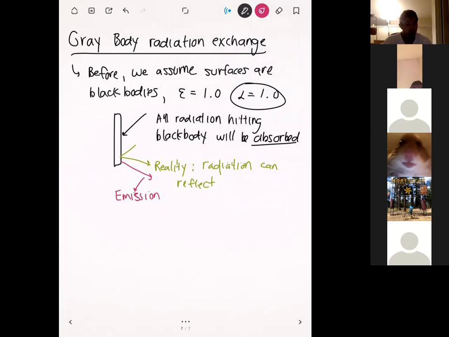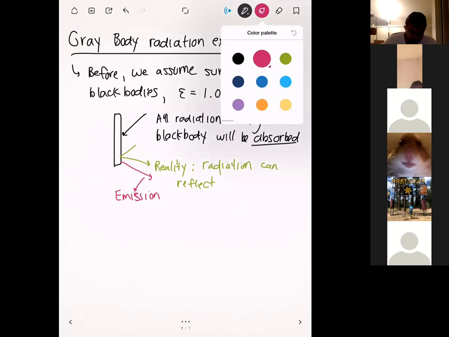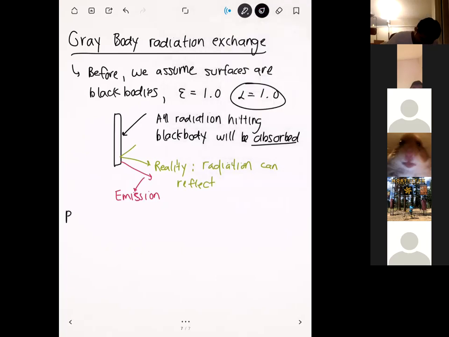And so let me define a new term called radiosity. You can think of it as all of the radiation that comes off a surface.